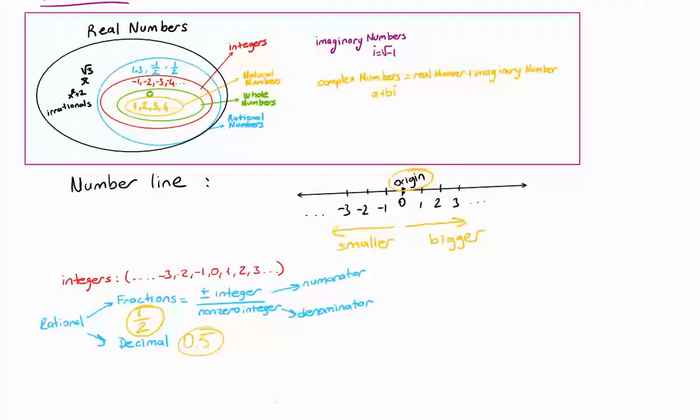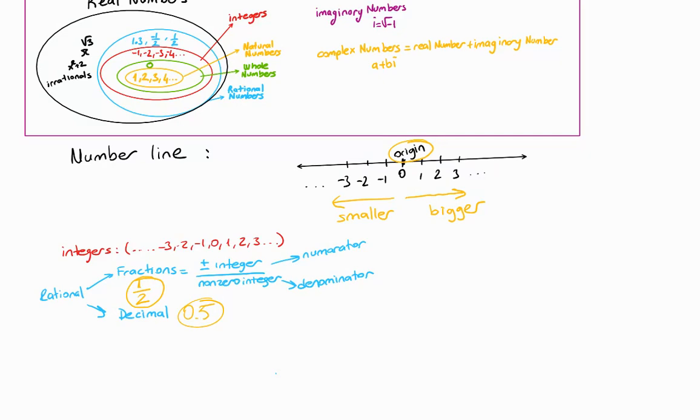What is the difference between a rational number and an irrational number? Let's say we have pi. So pi is actually 3.1415926 and goes on, and 3 dots. So these 3 dots never end, right?